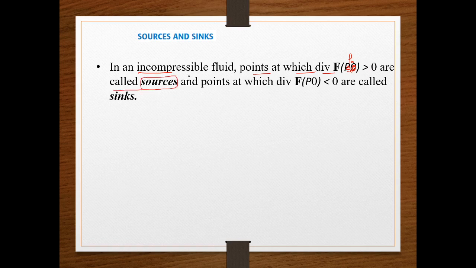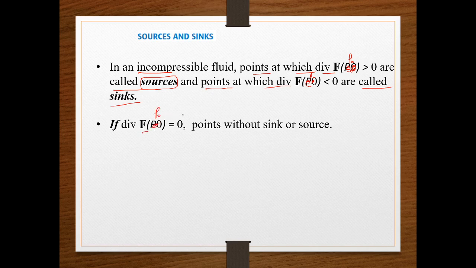And the points at which the divergence of F at P naught is less than 0 are called sinks. So if divergence is greater than 0 at a point, there is a source, and if less than 0, there is a sink. If the divergence of F at P naught is equal to 0, these points are free of sink or source.